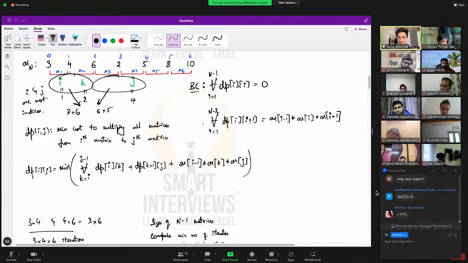But most likely you will not need this because that is handled by our dp expression itself. So you will not really need this base condition.